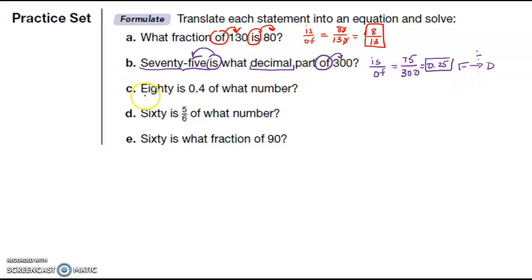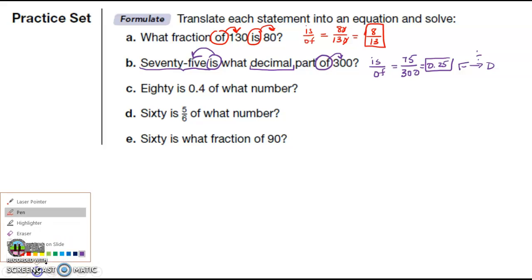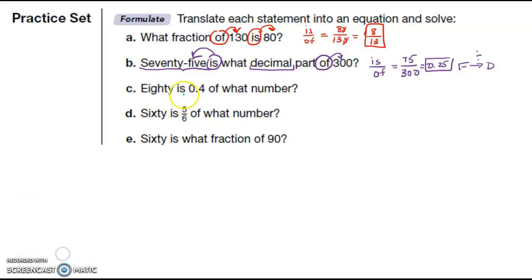Okay, let's try another one. I'm going to change colors again. So I have 80 is 0.4 of what number? All right, now this is where it's going to get kind of interesting. 80 is 0.4 of what number?